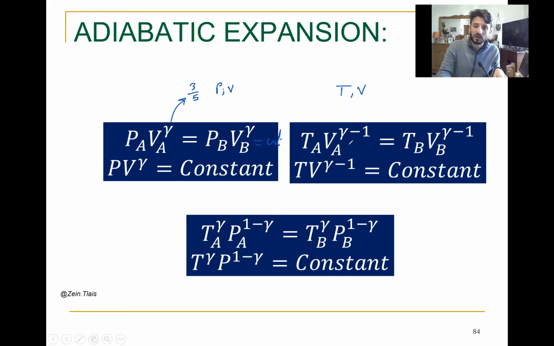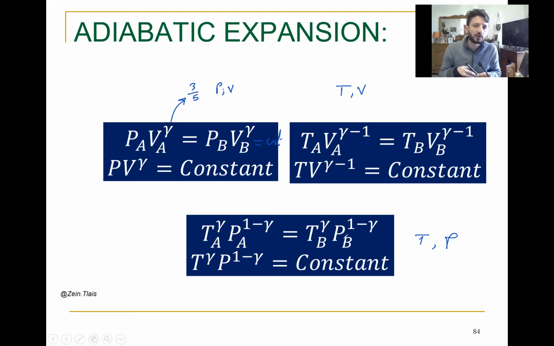TA VA^(gamma minus 1) equals TB VB^(gamma minus 1). Okay? The relation between T and P: TA^gamma PA^(1 minus gamma) equals TB^gamma PB^(1 minus gamma).